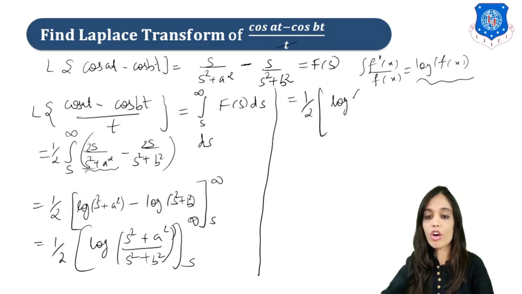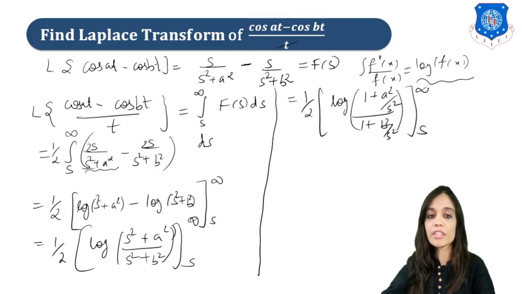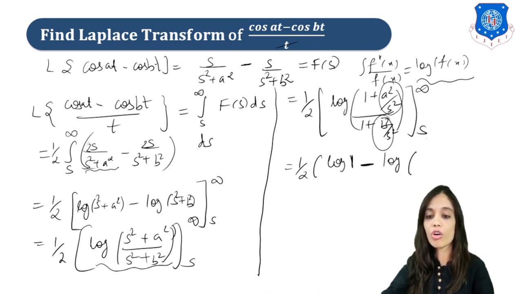So if you take out common s square from the numerator and denominator, what will remain? 1 plus a square upon s square upon 1 plus b square upon s square, and your limits are s to infinity. Now as you put infinity, this will go to 0, this will also go to 0. So what will remain is log 1 minus, if you put s, then it will remain this only, that is log of s square plus a square upon s square plus b square.